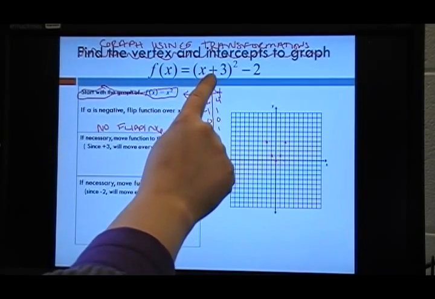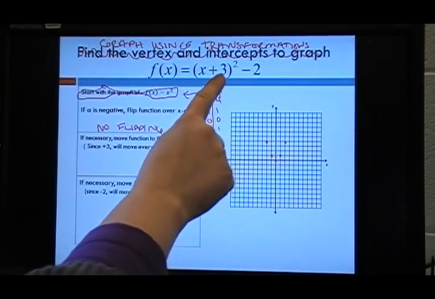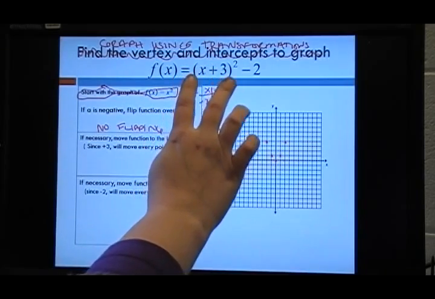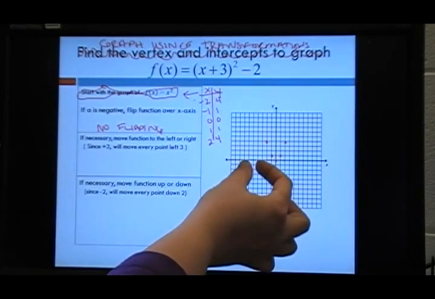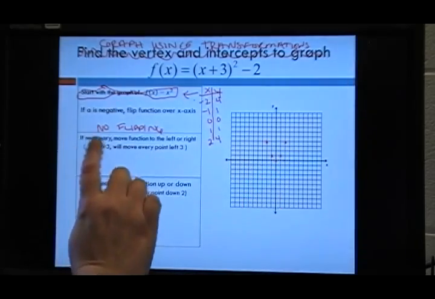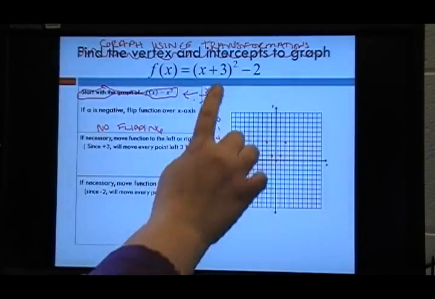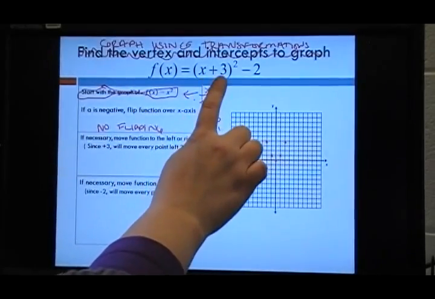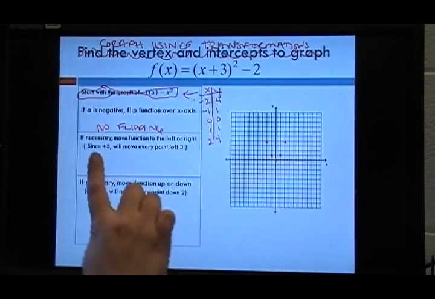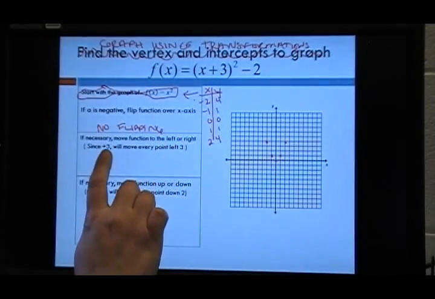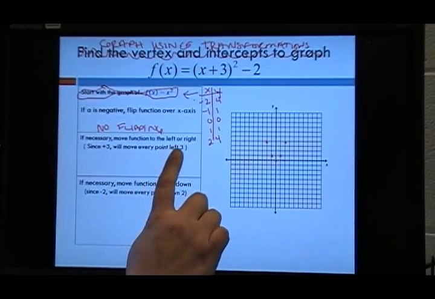In this case, since we have +3, it's actually counterintuitive, we have to take our points and move them to the left 3 places. So if necessary, and it's only necessary if there's a number in here with the x, you would move the function to the left or to the right. And in this case, since we have a +3, we're going to move every point to the left 3.